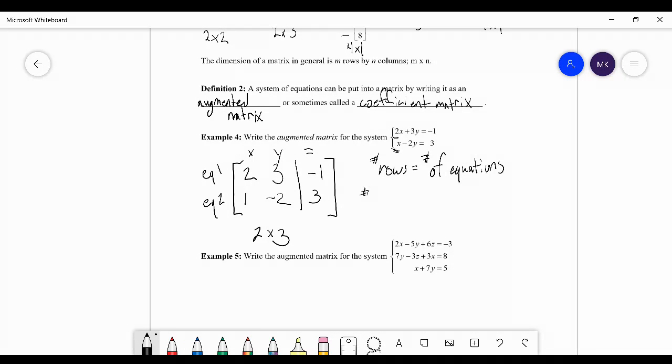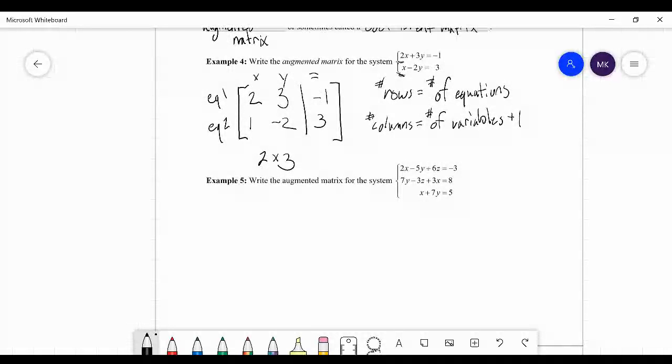And the number of columns is equal to the number of variables plus 1, right? That plus 1 gives us that result column. And so we can always look at a system of equations and know exactly how many rows and columns it's going to have.